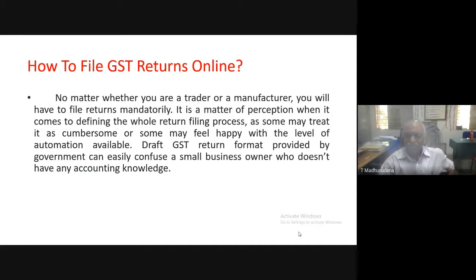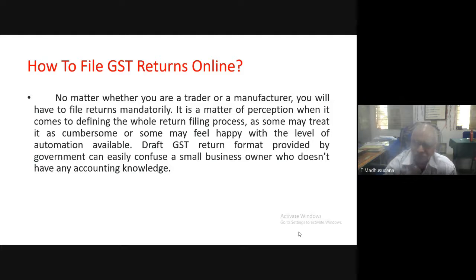Therefore, all the returns are to be filed online. Online submission is compulsory. So online return forms may be prepared manually and can easily be filled in online.